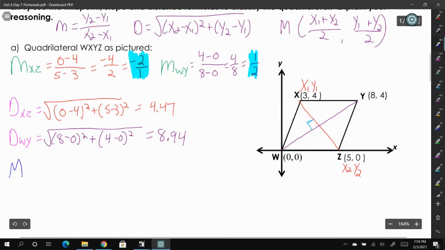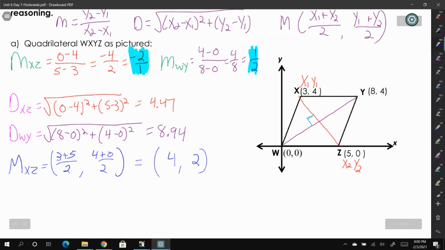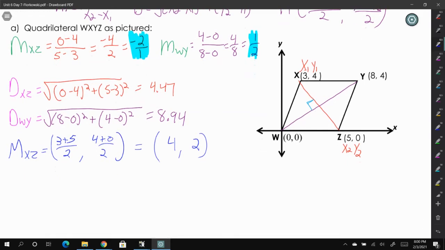So the midpoint of XZ is equal to, we'll add the two x coordinates, 3 plus 5 over 2, comma, adding the two y coordinates, 4 plus 0 over 2. So that's going to give us 8 over 2, which is 4, comma, 4 plus 0 is 4, divided by 2 is 2. So that is the coordinates of the midpoint of XZ.